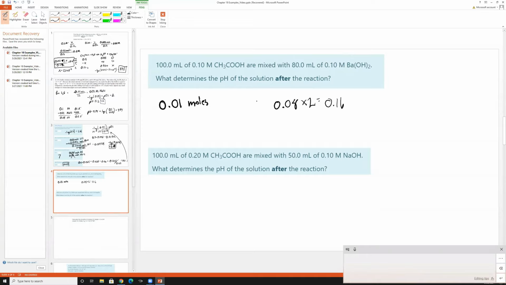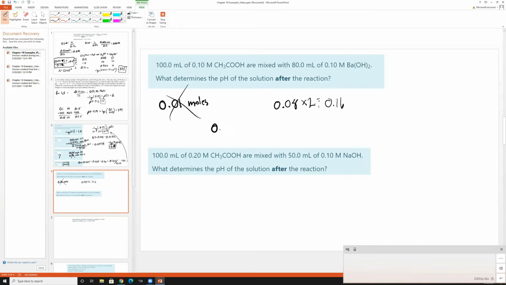Now, to determine the pH, you know you have an excess of hydroxide ions. That means all of the acid is going to be neutralized, and what will determine the pH of the solution after the reaction will be the amount of strong base that is there, and the difference.